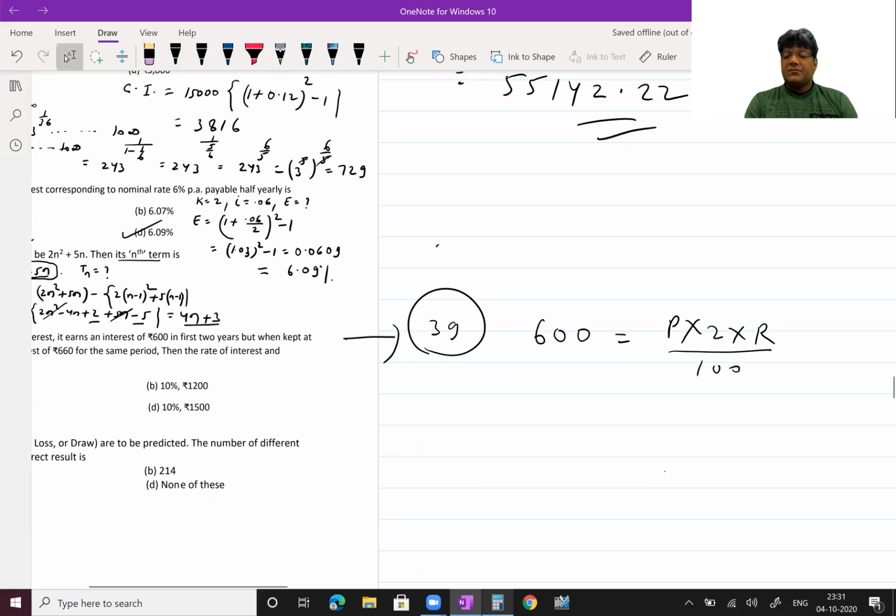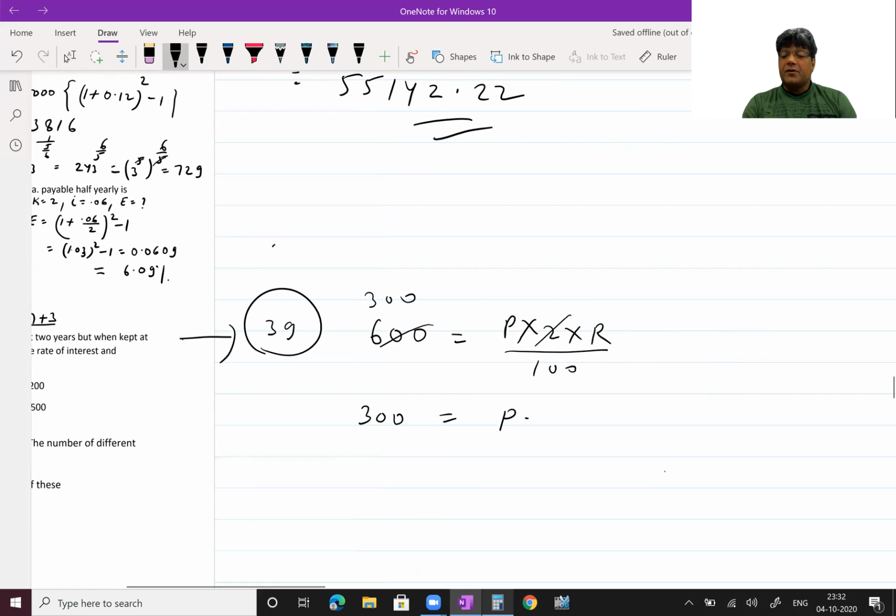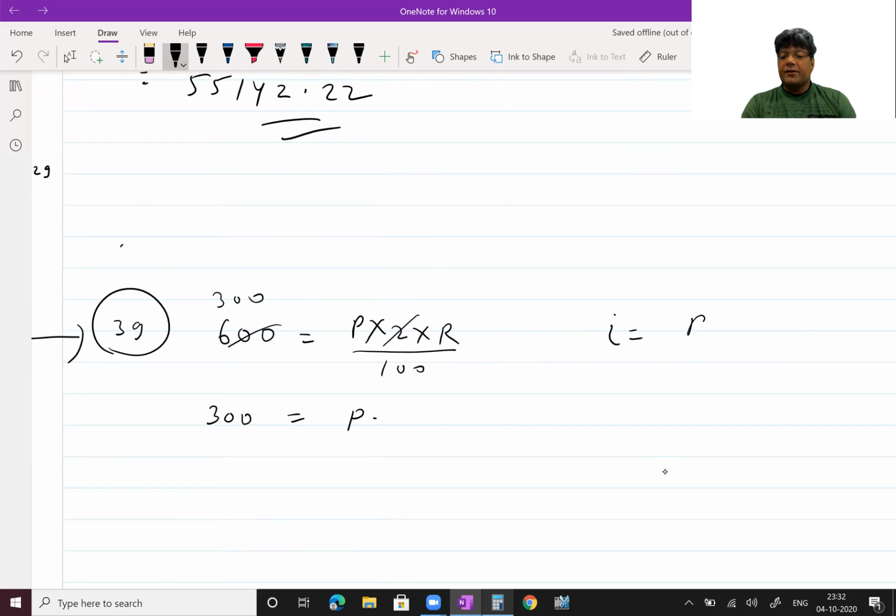So here, guys, I will cancel this 2 with this 600, it will come 300. So 300 is equal to P into what? R by 100. Now when we use compound interest, our I is R by 100 only.